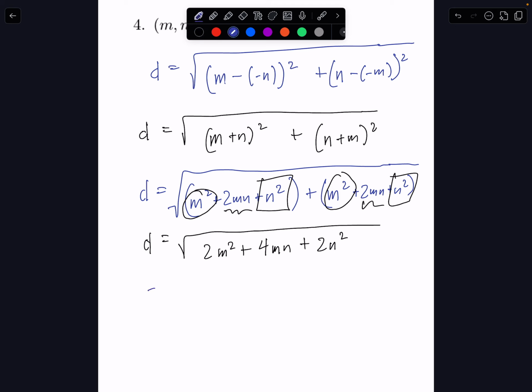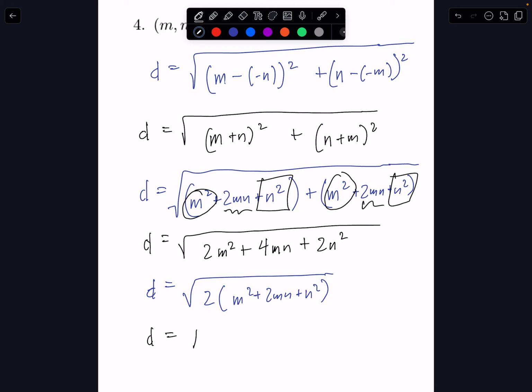Because what's going to happen? If I factor out a 2, I'm going to get 2 times m squared plus 2mn plus n squared, right? Okay, I'm being silly, guys. I'll just follow this through so you see what happens, but then I'll show you how I should have done this.